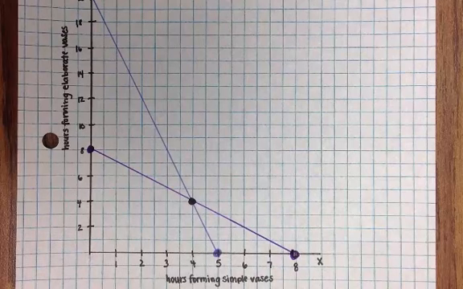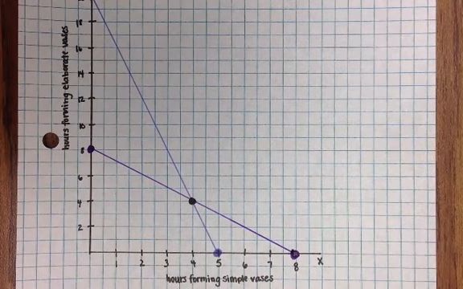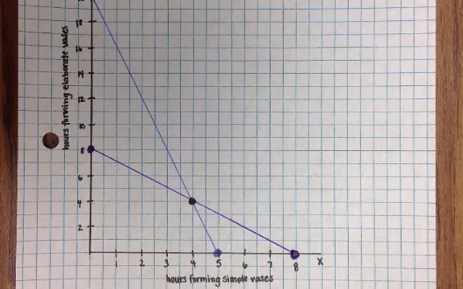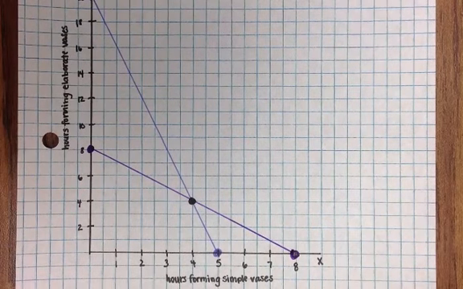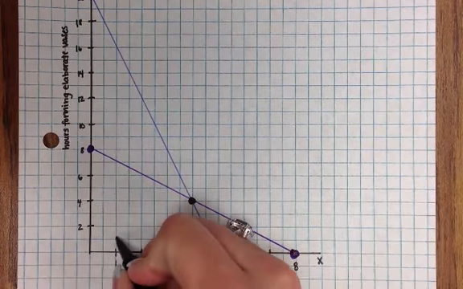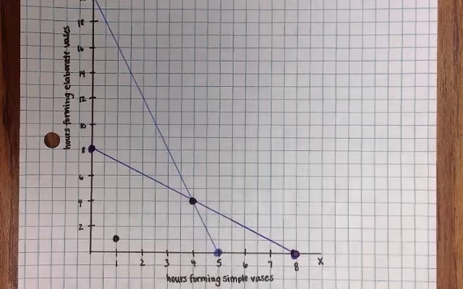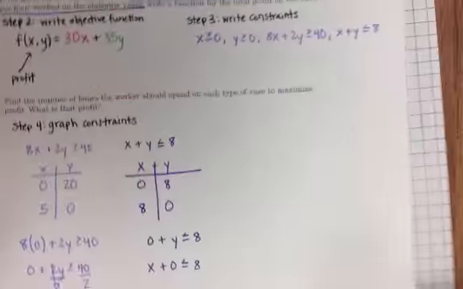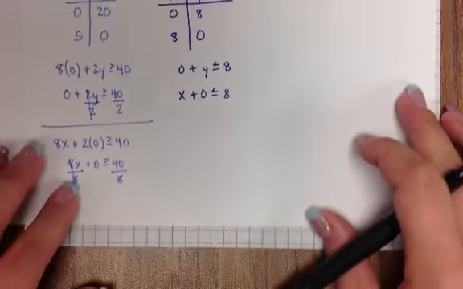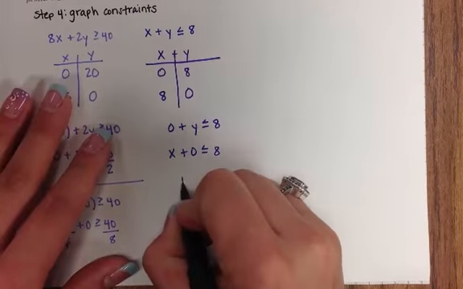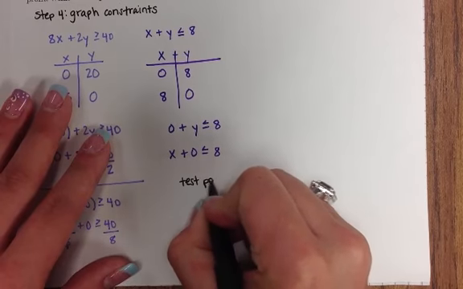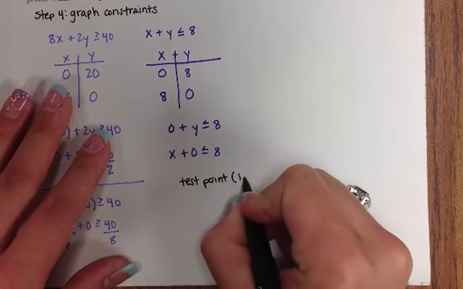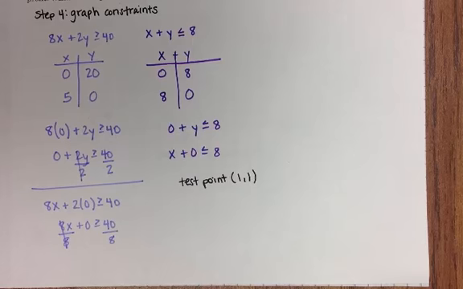So first what we want to do is choose a test point. So we want to pick a point on our graph that we can test in our inequalities to make sure that it holds true. So if we choose the point 1, 1, we're going to plug that test point in. We want to see that that holds true.